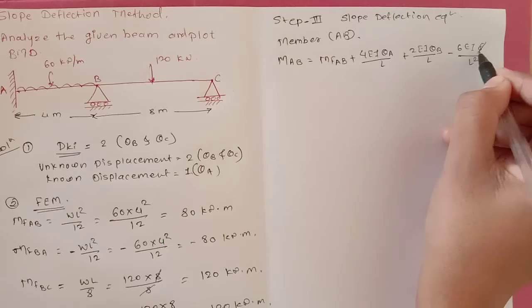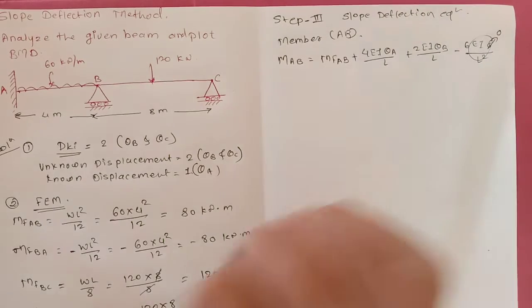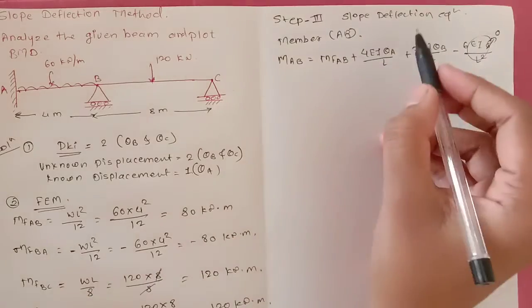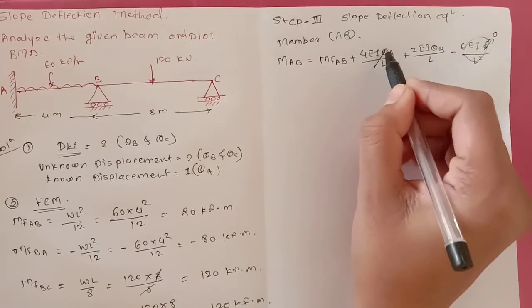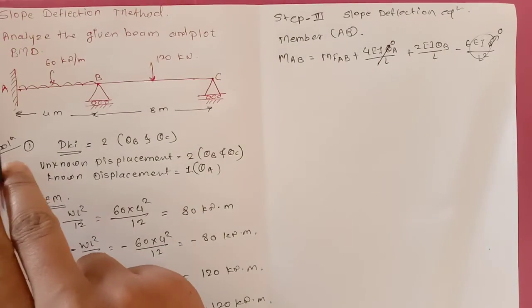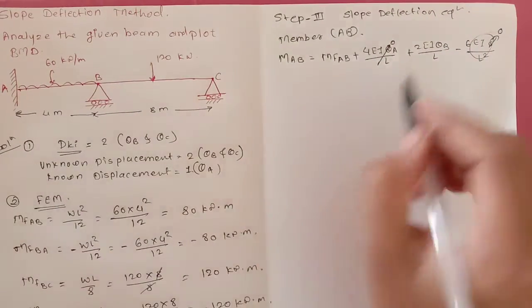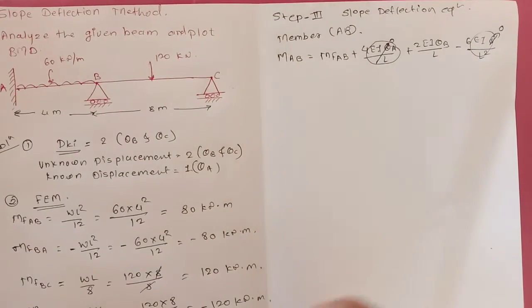Here we know that the delta value is 0, so that whole term is equal to 0, and theta A is also 0 because A is a fixed support, so that whole term is also 0.